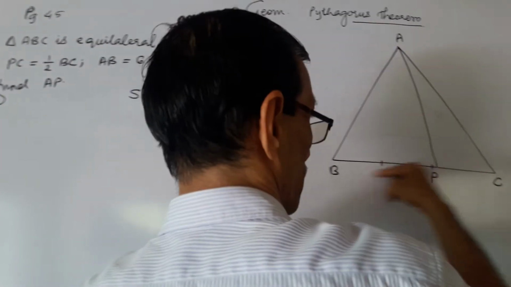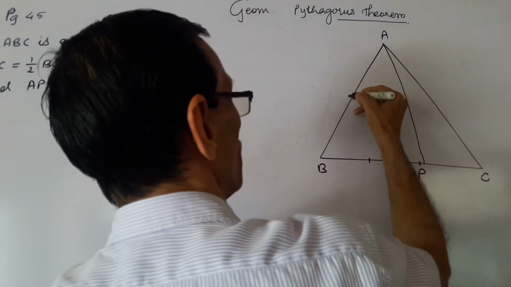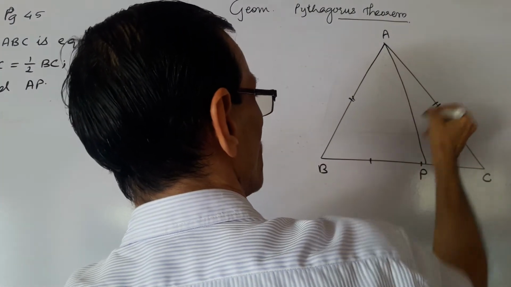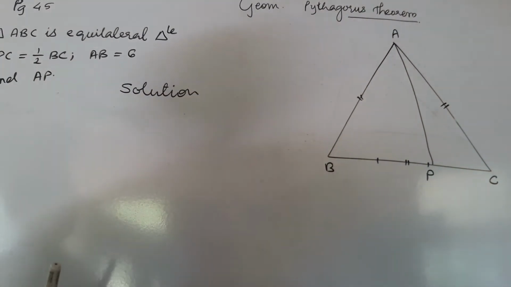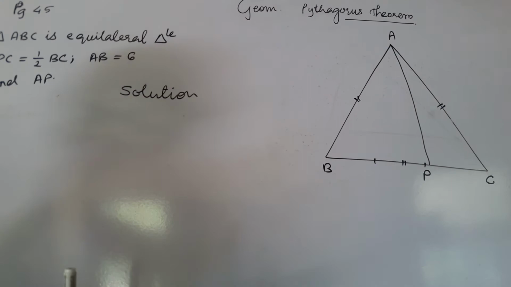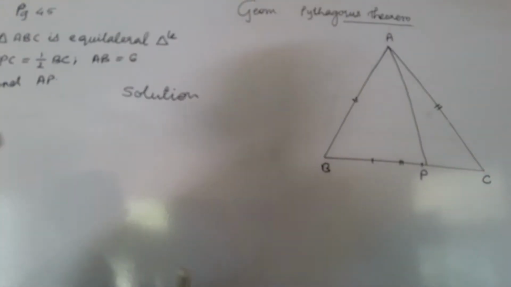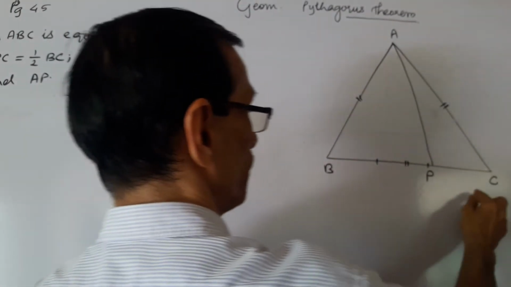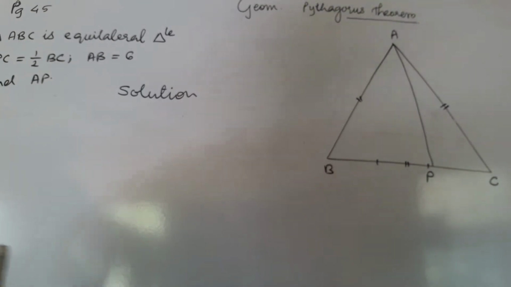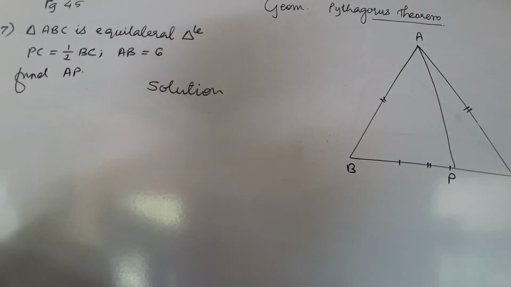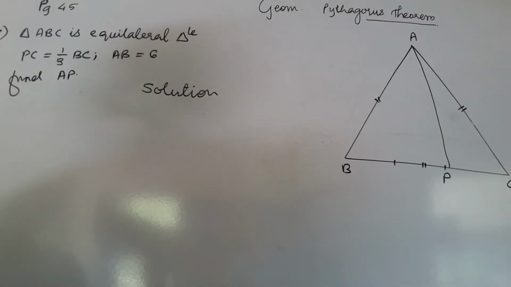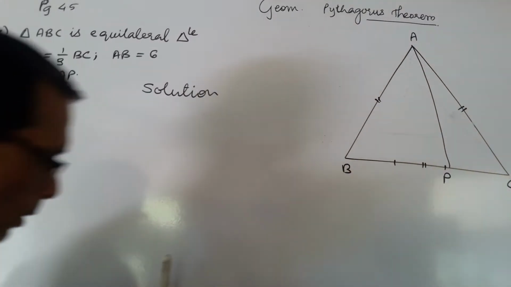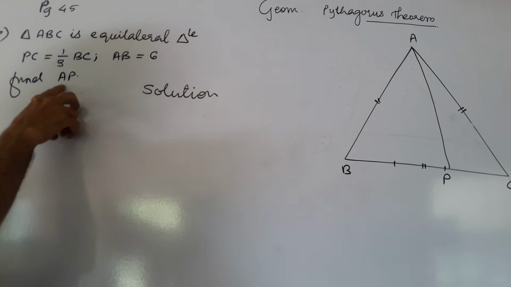Triangle ABC is equilateral, and therefore all sides are equal. So AB equal to BC equal to AC. It is given that PC is 1/3 of BC, and AB is 6. We have to find AP.